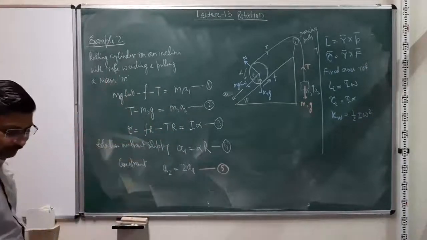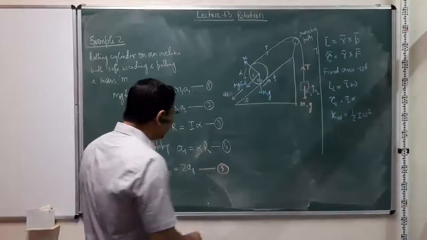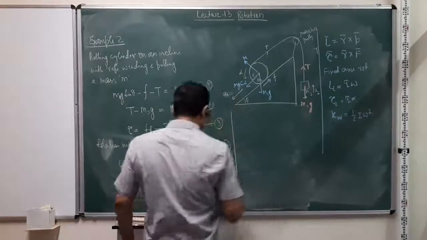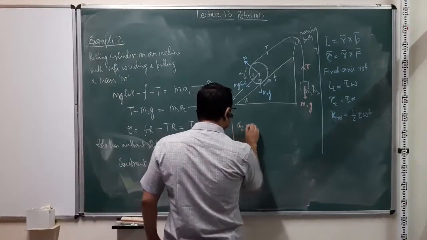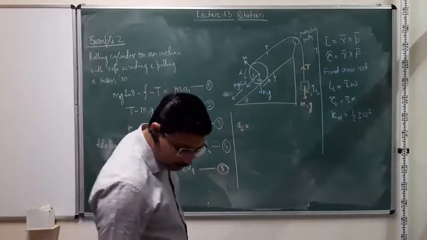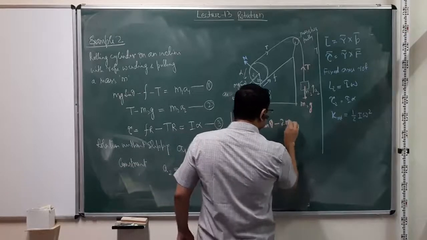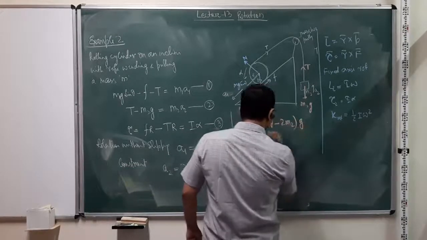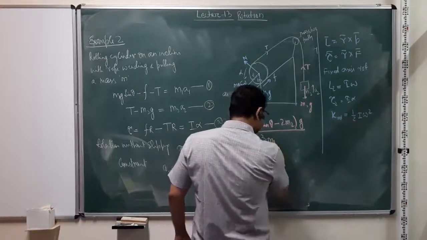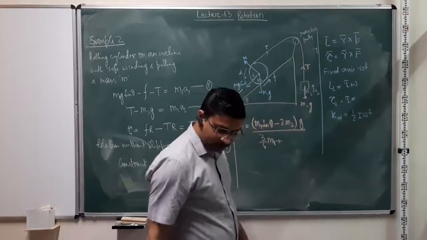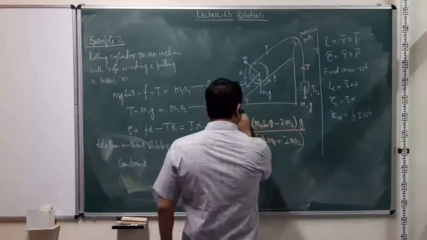And now with all these equations, we can solve for A1 and A2, right? And as well as alpha. So if we do that, again, it's an exercise for you that with these equation of motions, you find out all the unknown quantities. What we'll get is A2 is m1 sin theta minus 2m2 g over 3 by 4 m1, so mass of the drum, plus twice the mass of hanging weight.